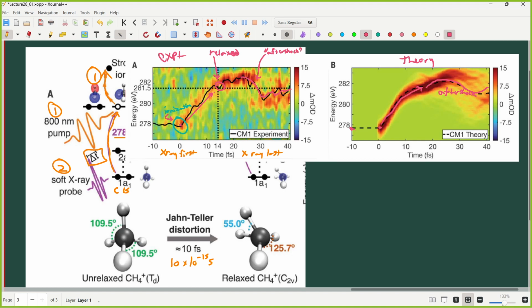If we need to tell the difference between 14 femtoseconds, let's say our delta t is about 1 femtosecond. We want to step our experiment by about 1 femtosecond, which is 1 times 10 to the minus 15 seconds.